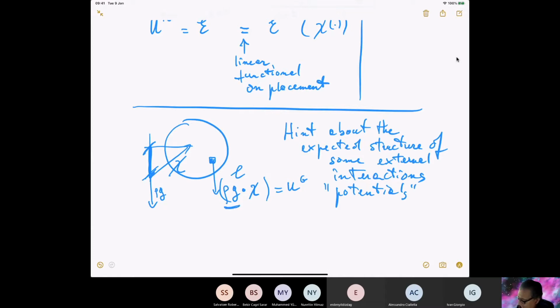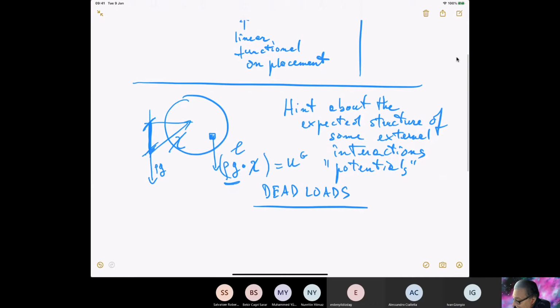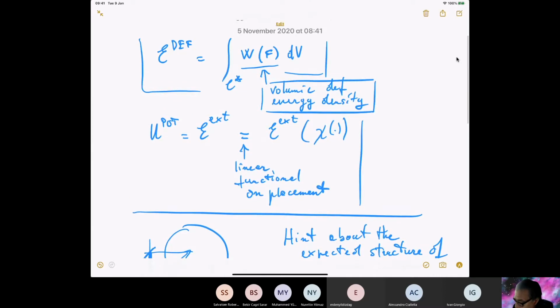These kind of potentials or external loads are called dead loads. Okay, this weight is a kind of dead load. And then we asked ourselves, which kind of dead loads can we apply to the deformation, to a body having this deformation energy?